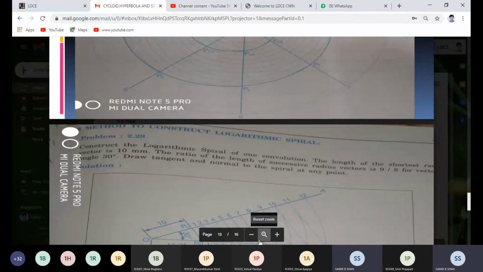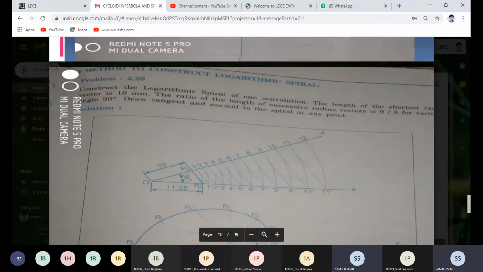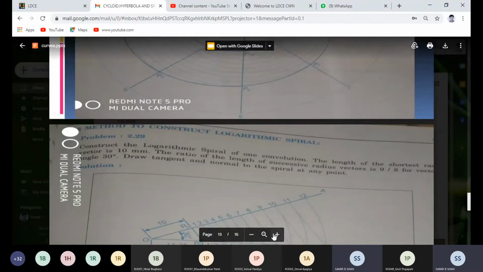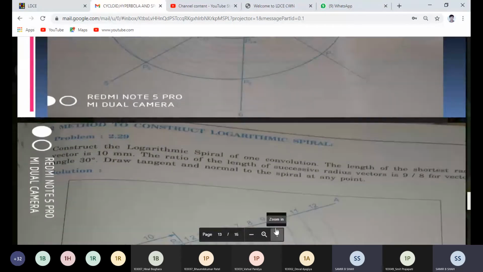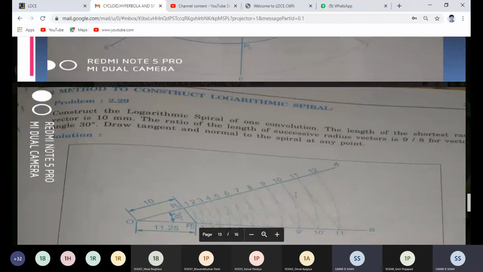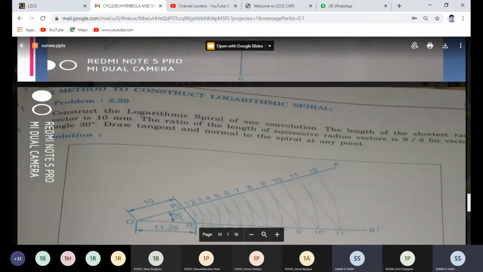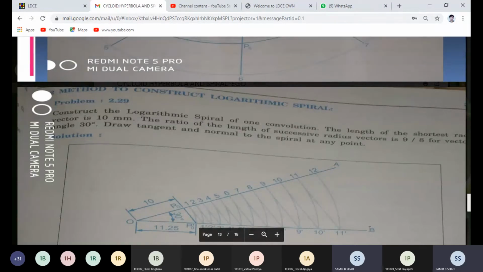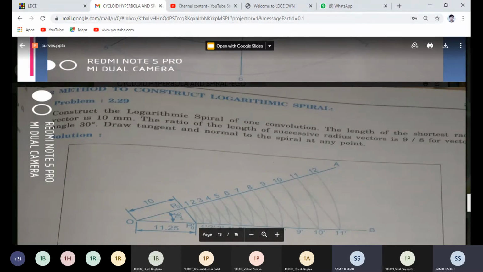What will we do? Just follow the steps as per the data given. Whatever is given in the data, we follow in the same way. Draw the horizontal line OB, and inclined line OA at how many degrees?